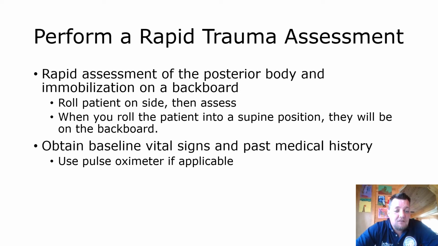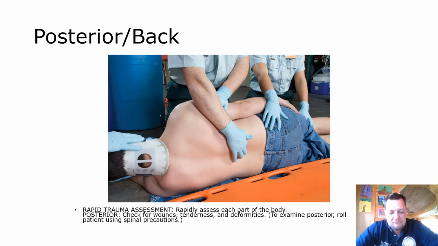We're also checking for any kind of step off, where the spine is flat normally, but with step off the spine will start flat and then come out and then go back down to a flat position, or it will go in to the body. Then we're going to obtain our baseline vitals and past medical history.